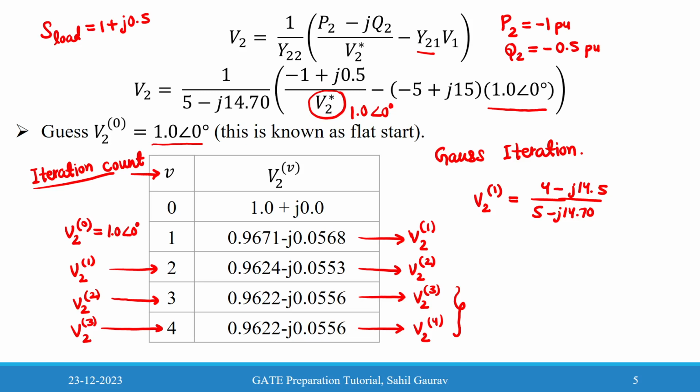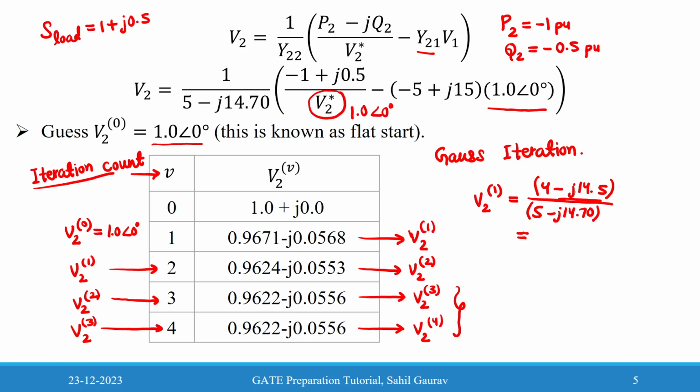0.9671 minus 0.056, it is coming. So calculate carefully. I think you are not putting brackets. If you are using a scientific calculator, then put brackets in the expression.